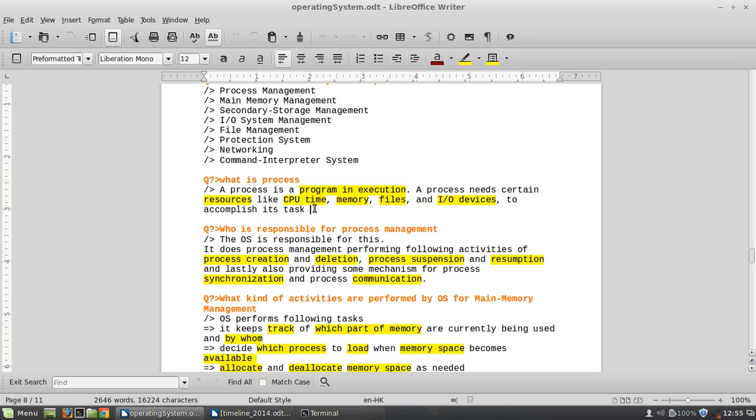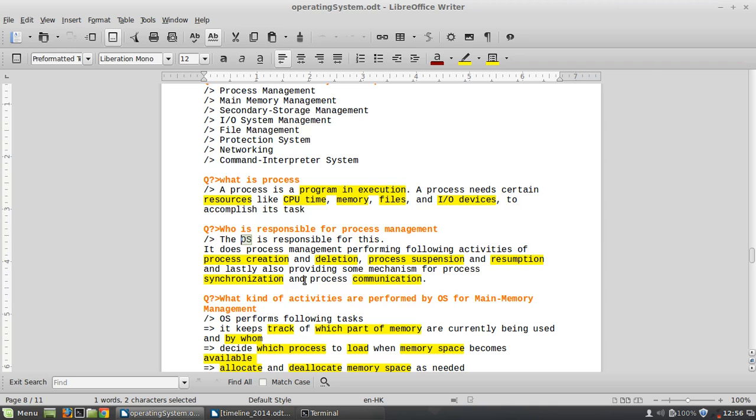Now, who is responsible for process management? The operating system as a whole is responsible for managing the process. In process management, it performs the following activities: it creates the process, deletes the process, suspends the process, and resumes the process.